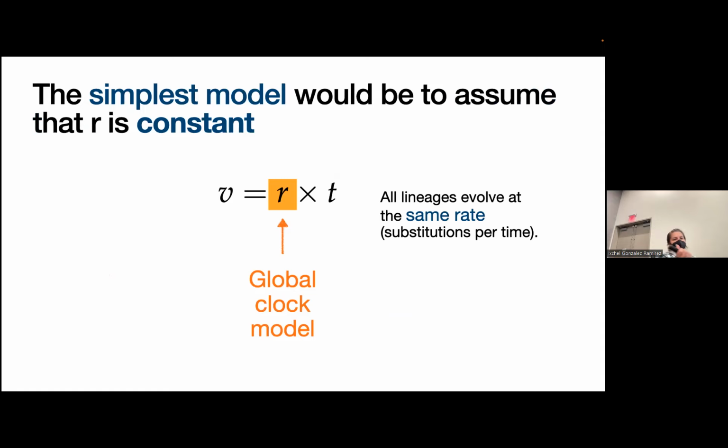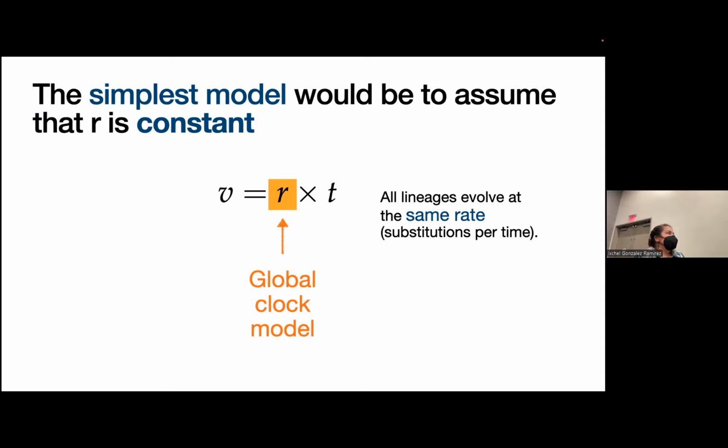Let's just see an example of how this could work. The simplest model would be to assume that the rate is constant, so all the changes occur at the same rate in my alignment. That's what we call the global clock model.